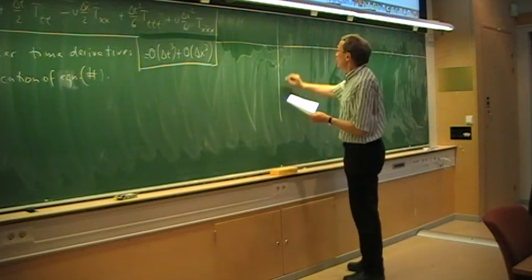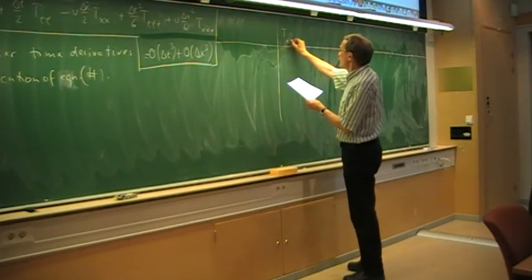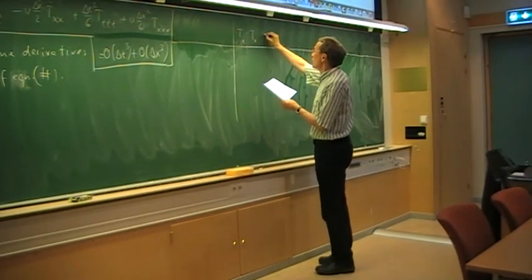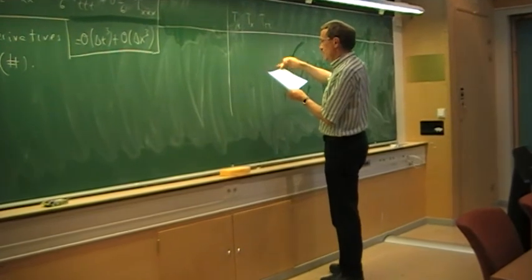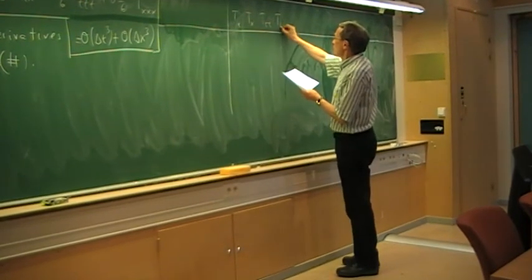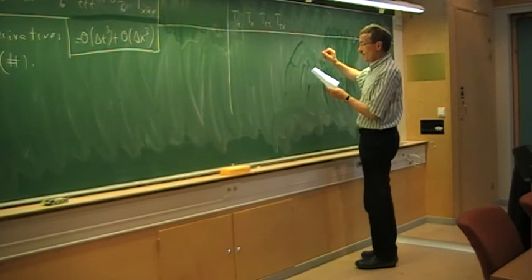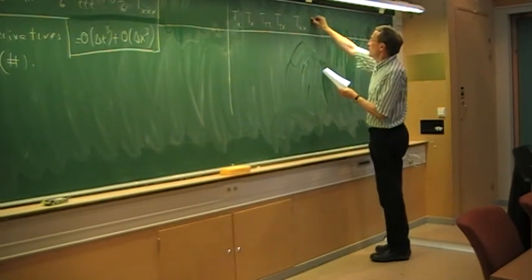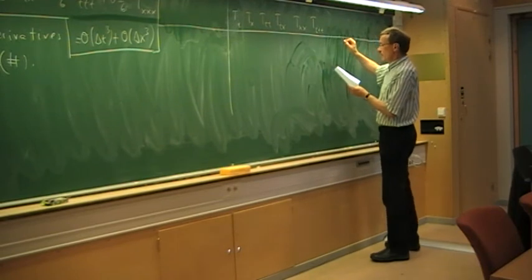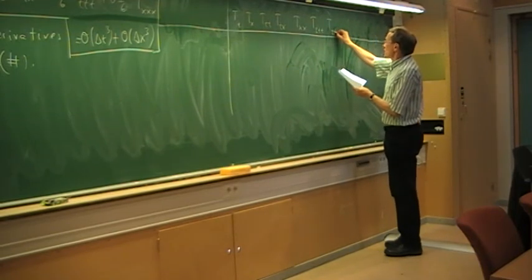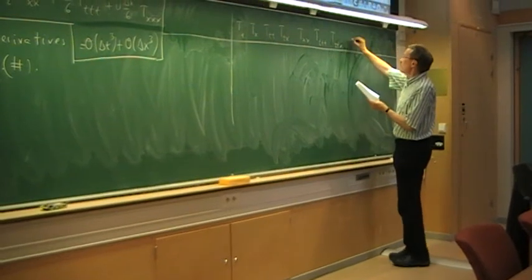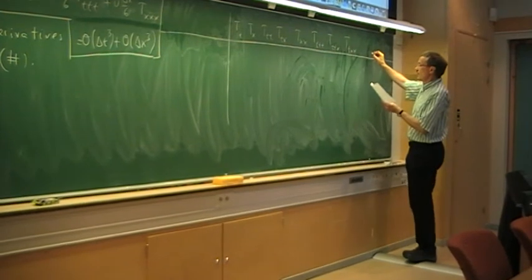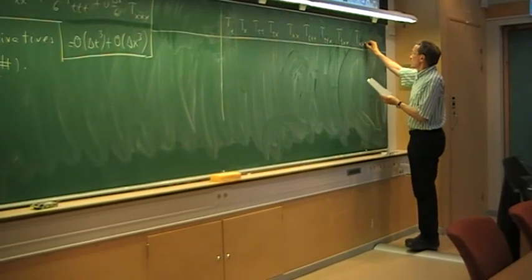So here we have the time derivative. Here we have the space derivative. Here we have the second time derivative. We will also need a tx derivative, a txx derivative, a third time derivative, second time space derivative, txx derivative, and the txxx derivative.